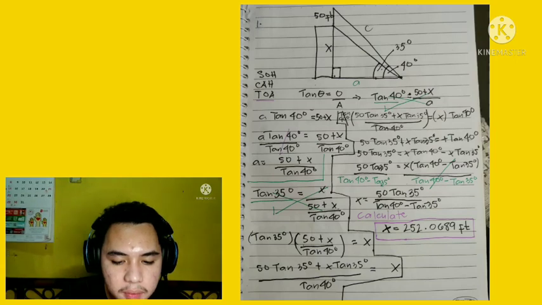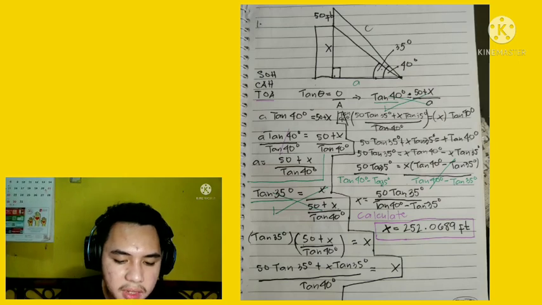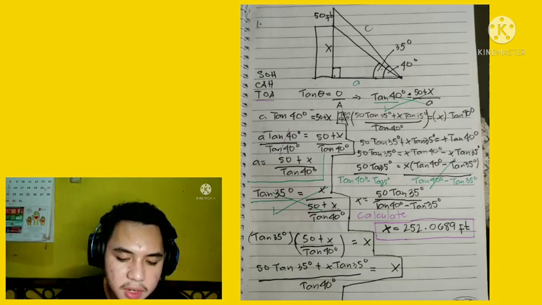Now we can solve this by moving our x tangent 35 degrees to the other side, and now we will have 50 tangent 35 degrees equals x multiplied by tangent 40 degrees minus tangent 35 degrees. So now we can divide both sides by tangent 40 degrees minus tangent 35 degrees, and we will get x equals 50 tangent 35 degrees over tangent 40 degrees minus tangent 35 degrees.